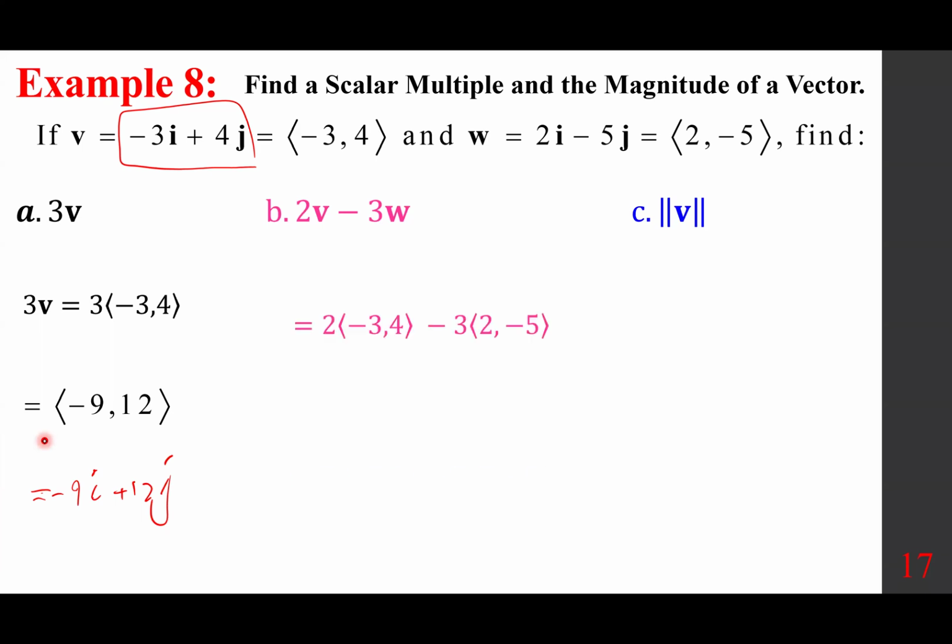2v minus 3w, just do it again. Times 2, you get minus 6 and 8. Times 3, you get 6 and minus 15.